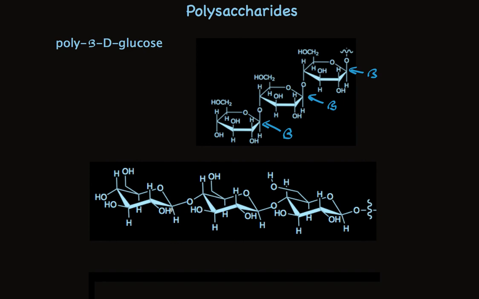Because these sugar units are hooked together by single bonds, it's possible to see rotation of one relative to the other. For example, we can have rotation about this bond, and simultaneously this bond, which rotates the whole molecule here.